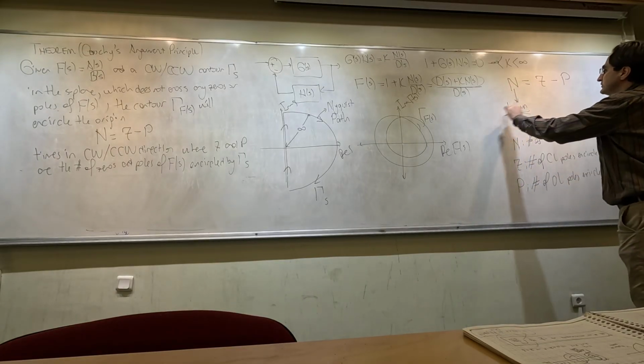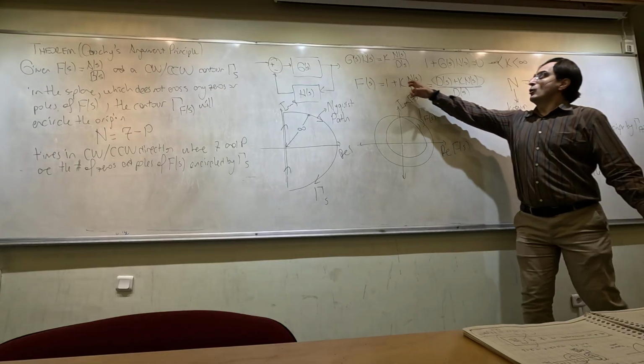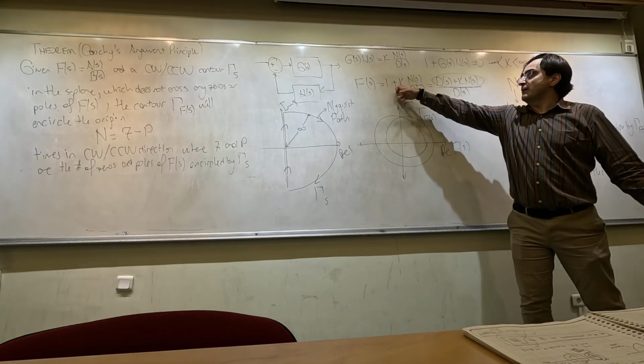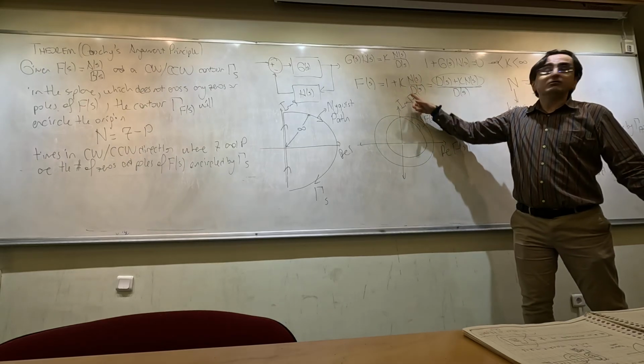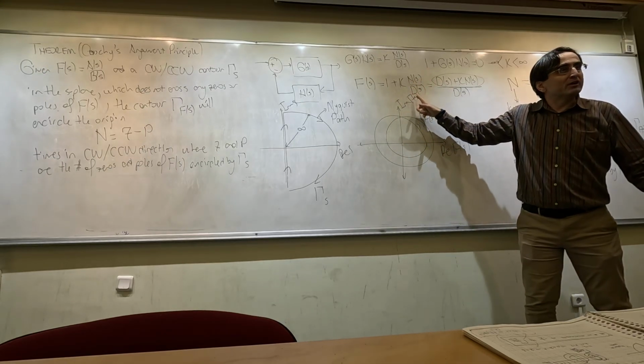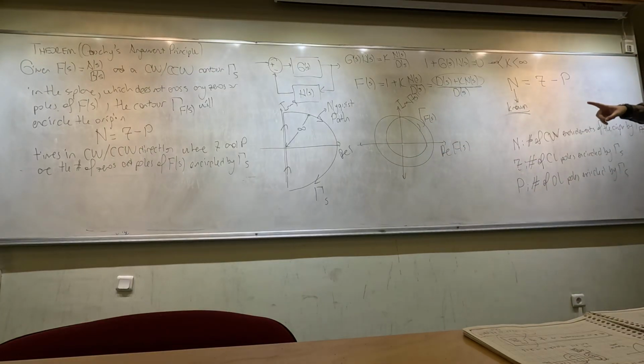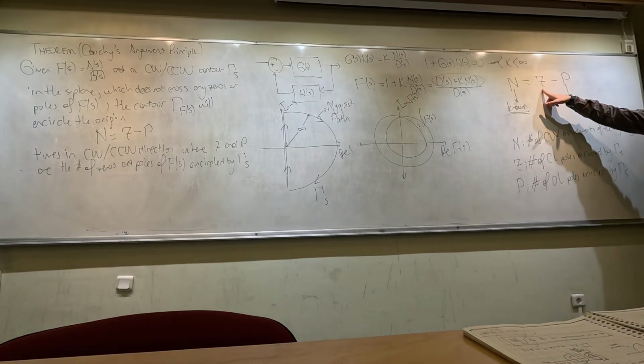In order to find this transformation, I will know the open loop transfer function. I know what the open loop transfer function is, so I know the number of unstable open loop poles. So this number is also going to be known. The only thing that I won't know here is going to be Z.